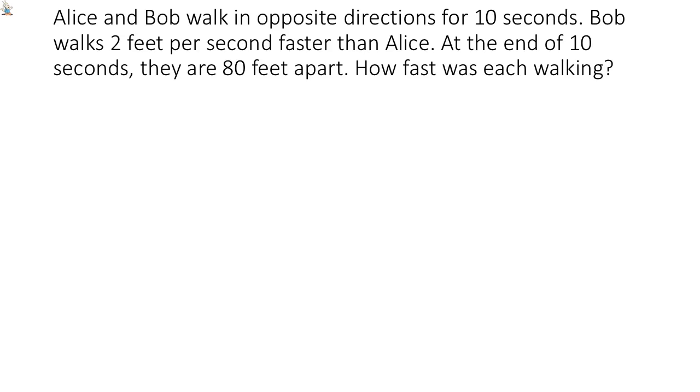Now, in this case, we can say x could be Alice's speed, and what we can notice is that there's a relationship between Alice's speed and Bob's speed. Bob walks 2 feet per second faster than Alice, and so if x is Alice's speed, then Bob's speed we can express as x plus 2 feet per second.